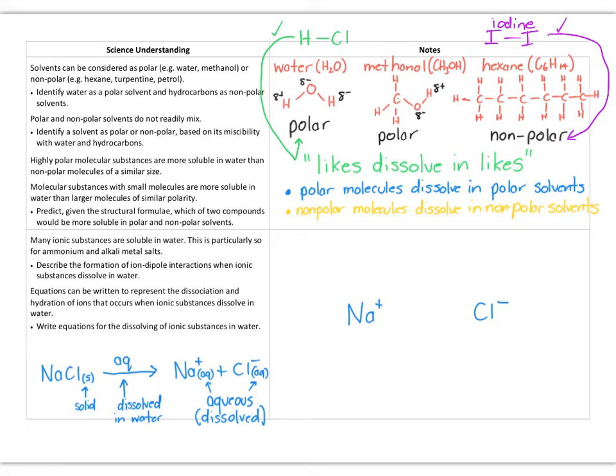Whereas hydrochloric acid wouldn't be as keen to dissolve in a non-polar solvent like hexane. So it's pretty simple. If you understand all those processes to get there, and there are lots and lots of steps to understand to get there, once you get to this point, likes dissolve in likes. Polar dissolves in polar, non-polar dissolves in non-polar.